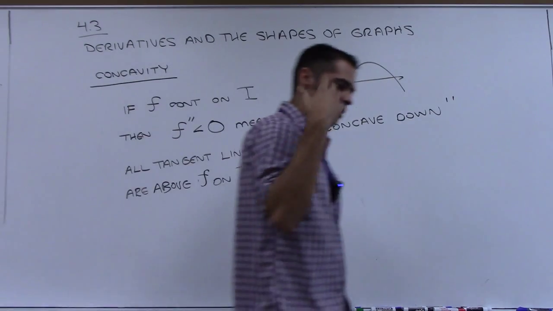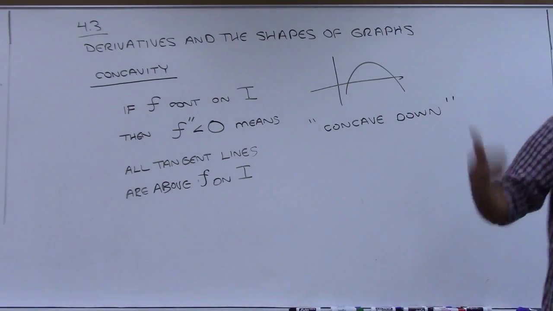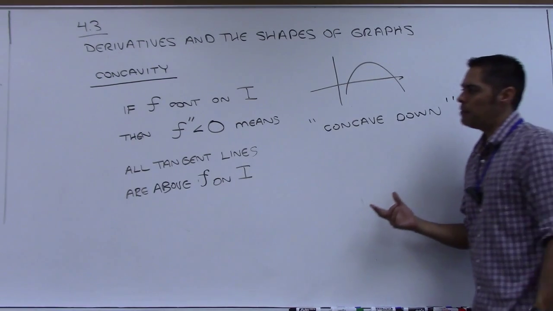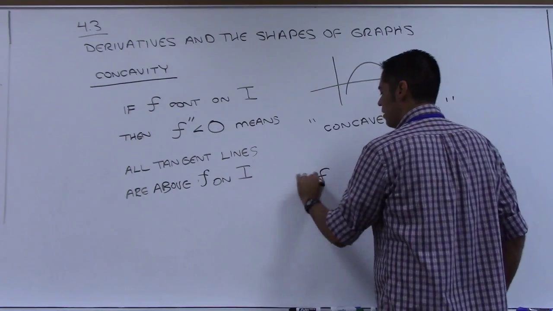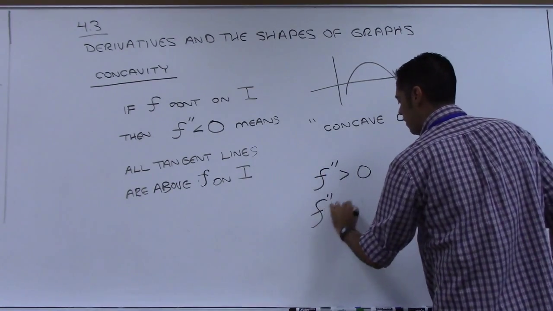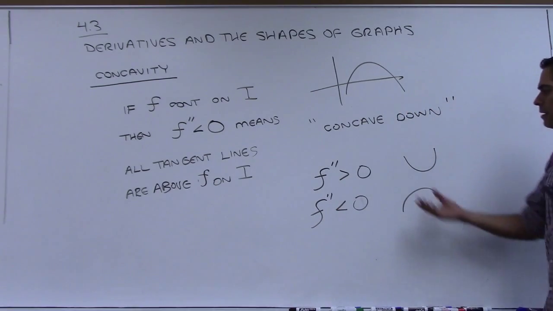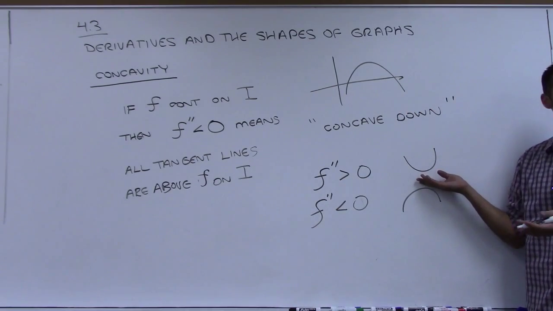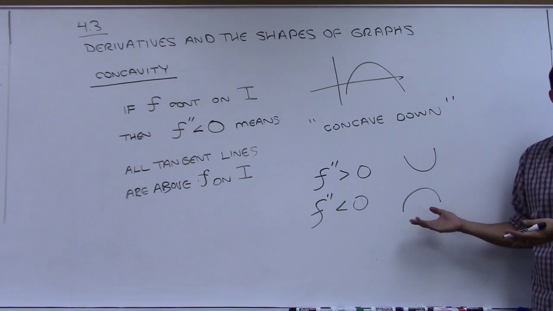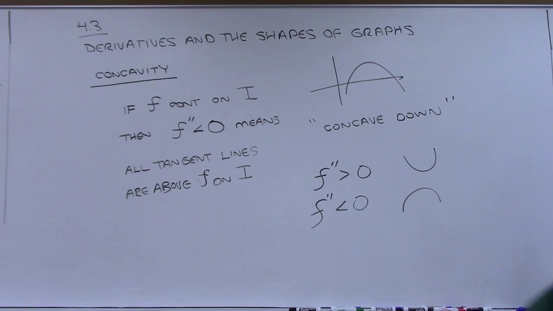Increase, decrease, you look at the first derivative. Concave up, concave down, you look at the second derivative. And another easy way to remember this is that second derivative positive looks like this. Second derivative negative looks like this. People who are positive are happy, they smile. People who are negative are always frowning, right? It's stupid, but sometimes you have to do things like that to remember things.